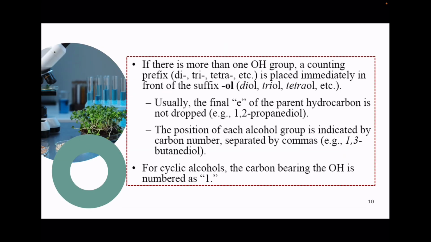If there is more than one hydroxyl group, you need to use the prefix di, tri, tetra, and so on, placed immediately in front of the suffix ol. For example, 2 hydroxyl groups: diol; 3 hydroxyl groups: triol, and so on.